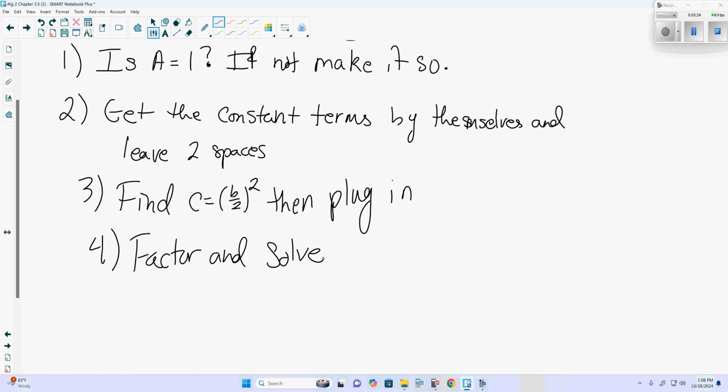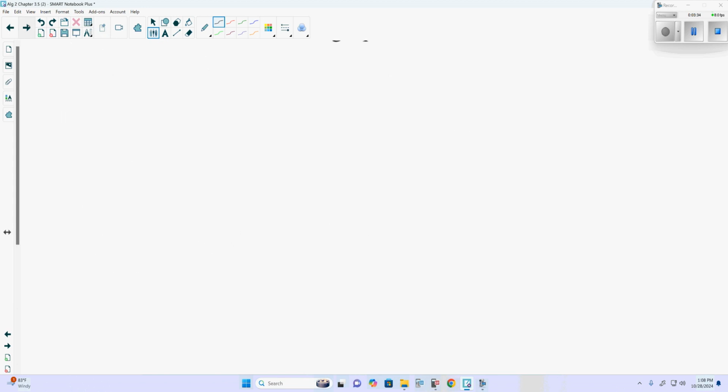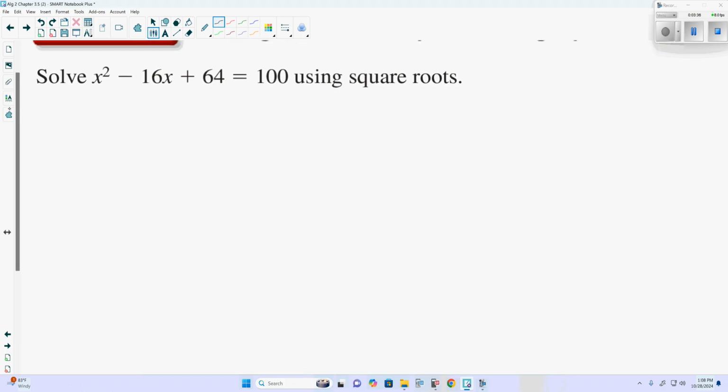Questions on these steps here? All right, now we're going to use these steps to solve quadratics. The nice thing about these steps is no matter what the original setup, we can solve any quadratic equation using these steps.